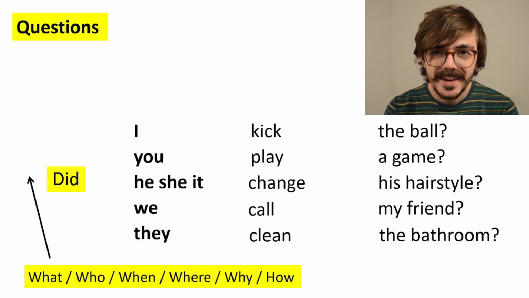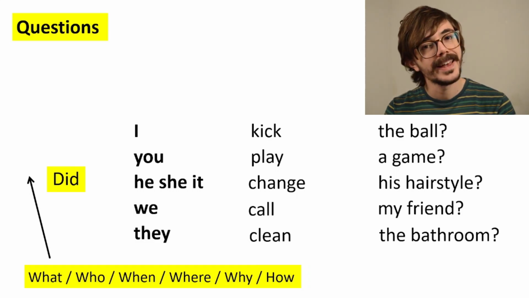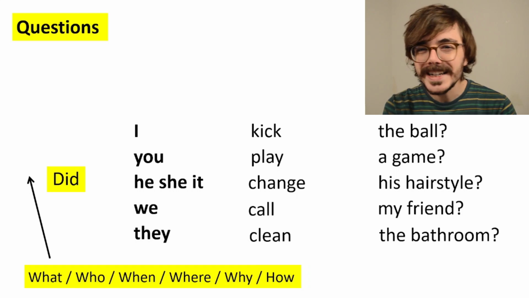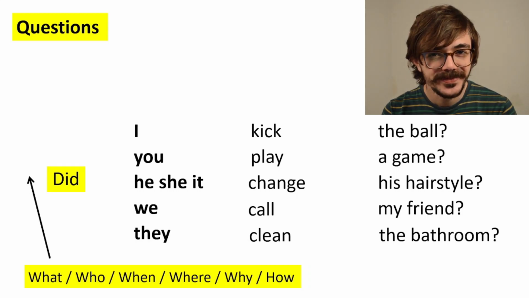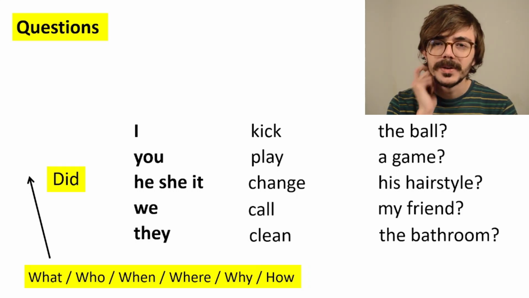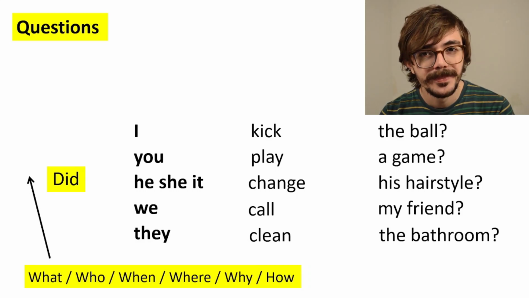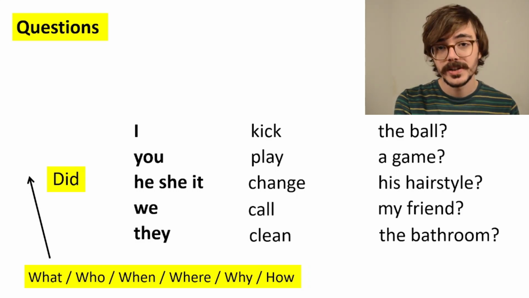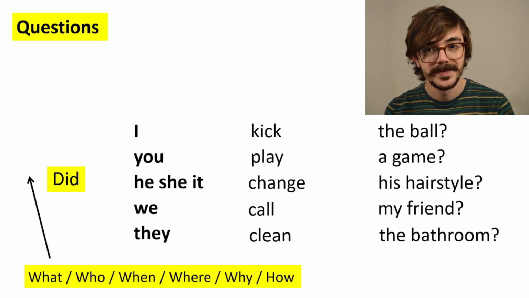Who did you kick? When did he play a game? Why did she change her hairstyle? Who did you call? When did they clean the bathroom? So we just put this question word right at the beginning of the sentence.